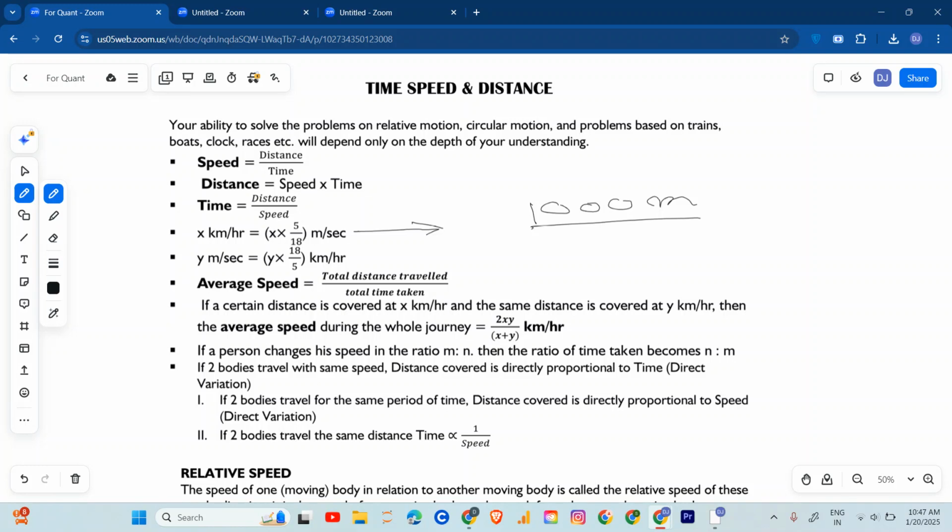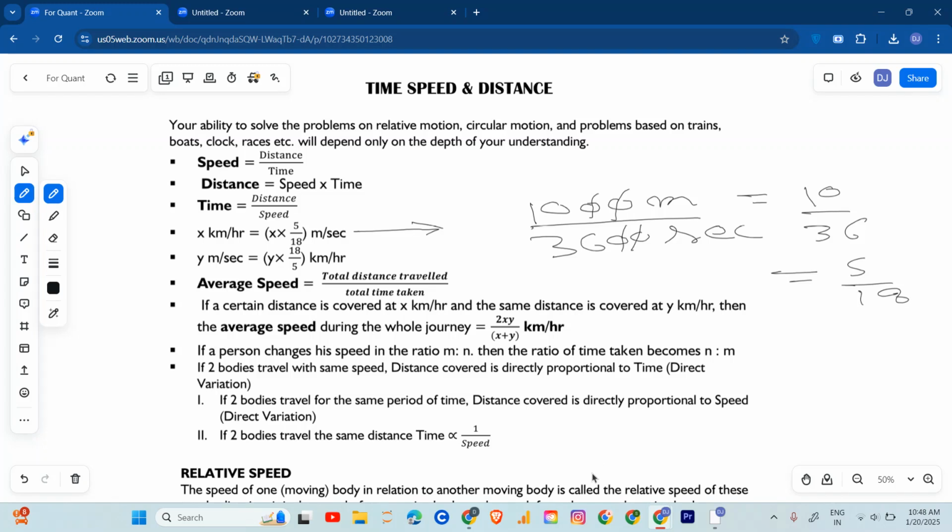And 1 hour has 3,600 seconds. Okay, so two zeros cancel out. Fine. So we will have 10 by 36, and we cancel by 2, so 5 by 18.